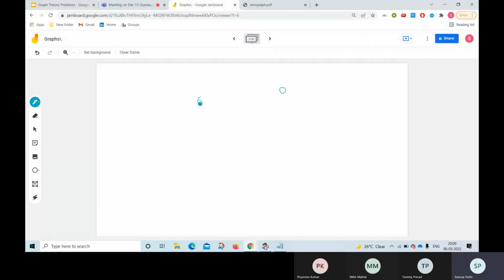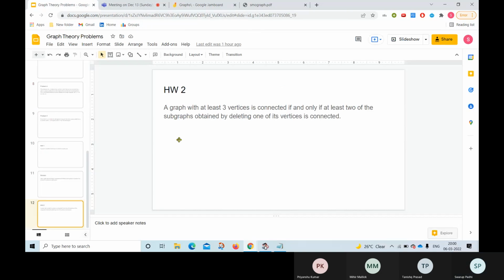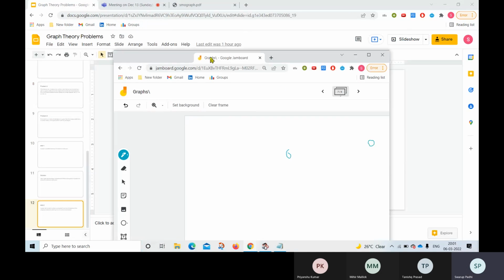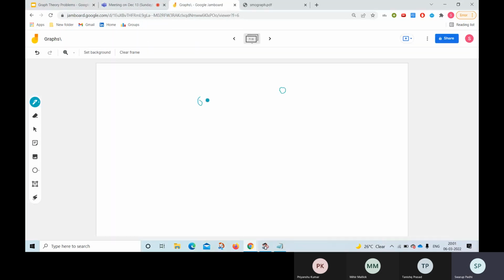Always connected means that the question is saying that if I delete the edge, I will obtain subgraphs, and these two subgraphs should be connected to each other through some other means.